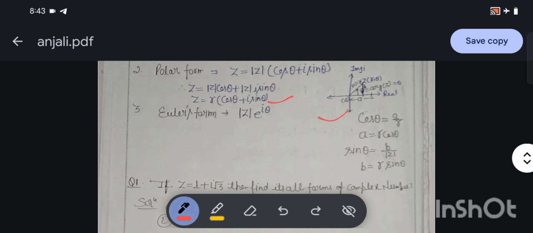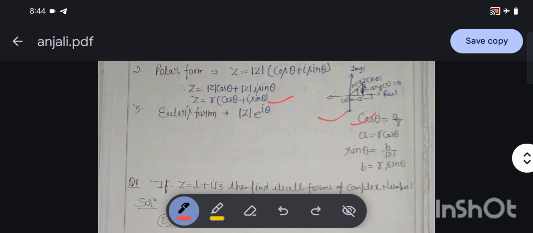This is a complex plane, and in this complex plane z is equal to the point r, theta. It is clear, and the distance between origin to that point is mod of z, and mod of z is equal to r. Then we join the point r comma theta to the real line, and then we will find out the value of cos theta and sin theta. So cos theta is equal to base upon hypotenuse.